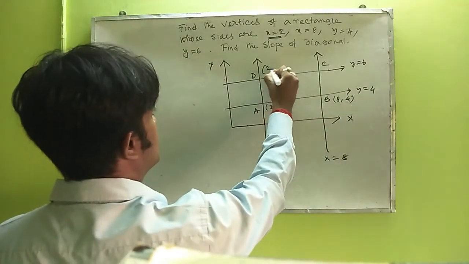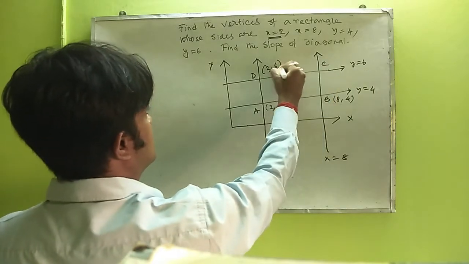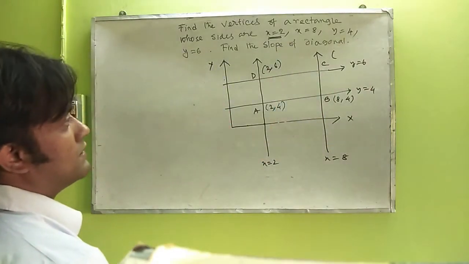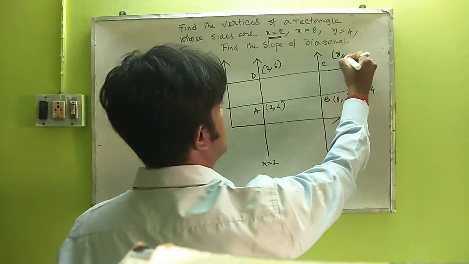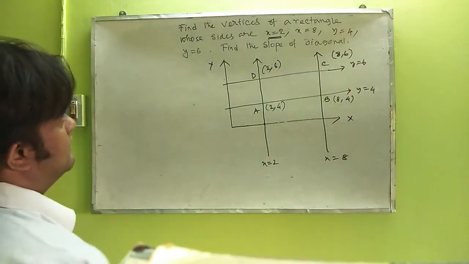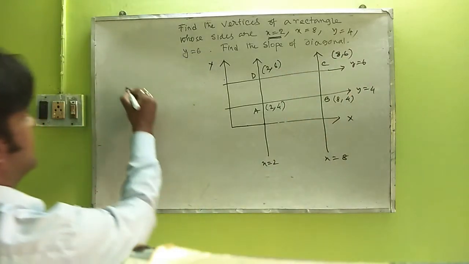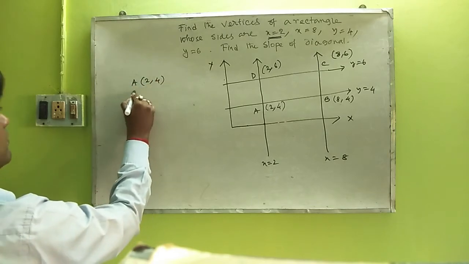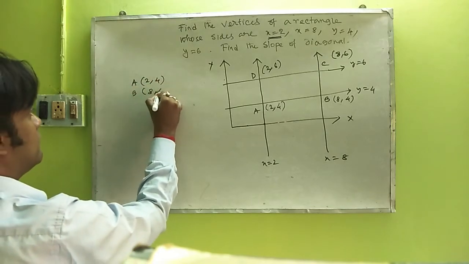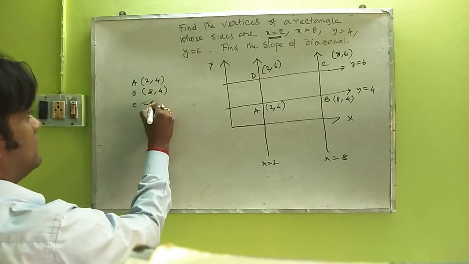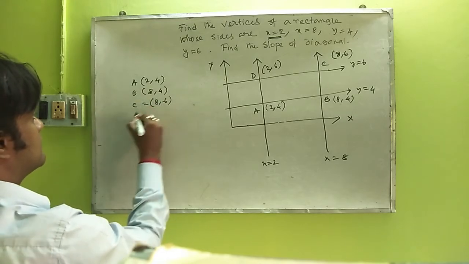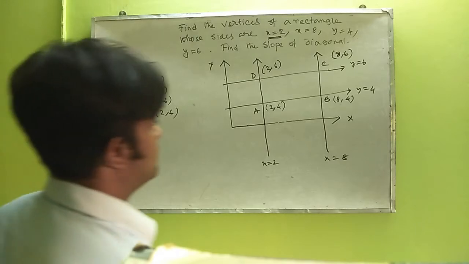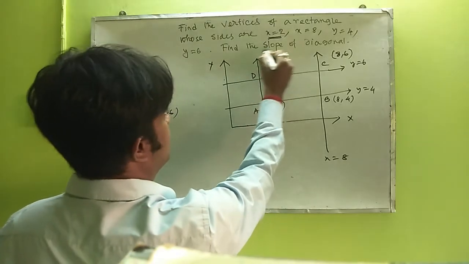This will be 2, 6, and this is 8, 6. So all the vertices are A 2, 4, B 8, 4, C 8, 6, D 2, 6. So we have to find the slope of the diagonal.